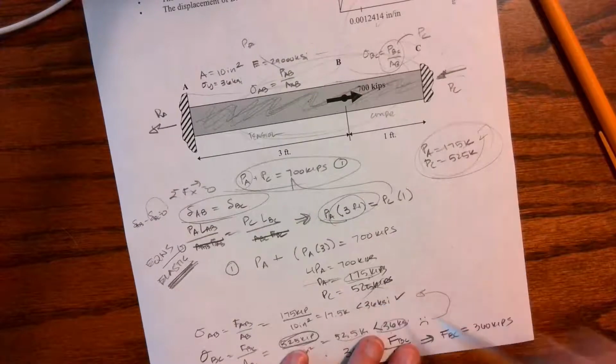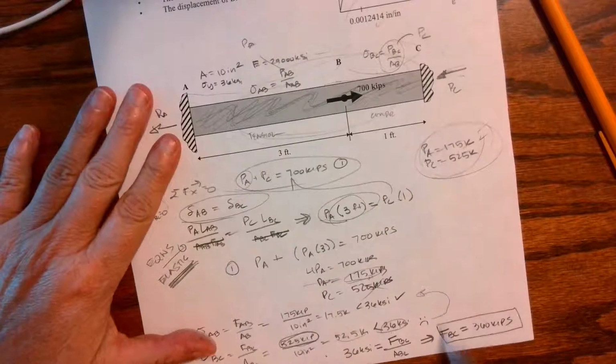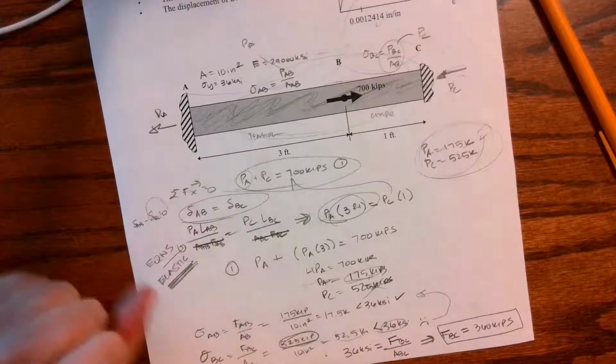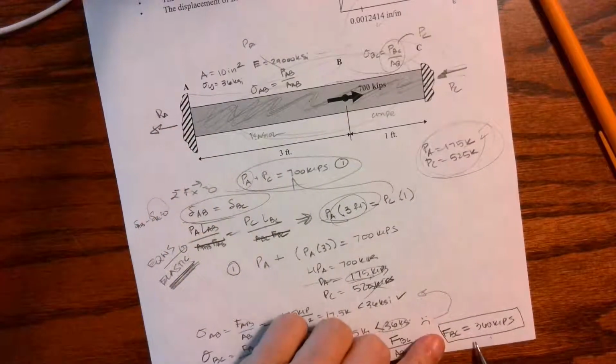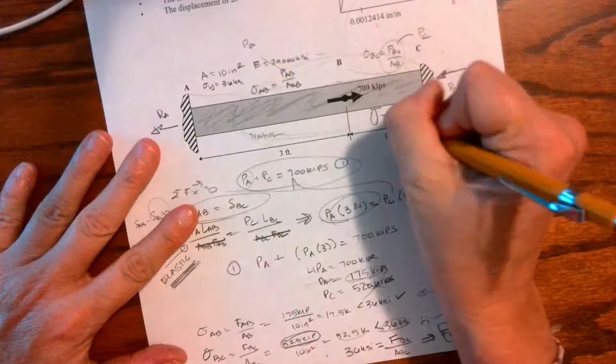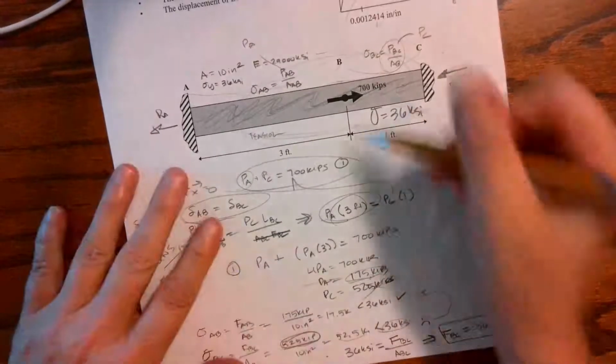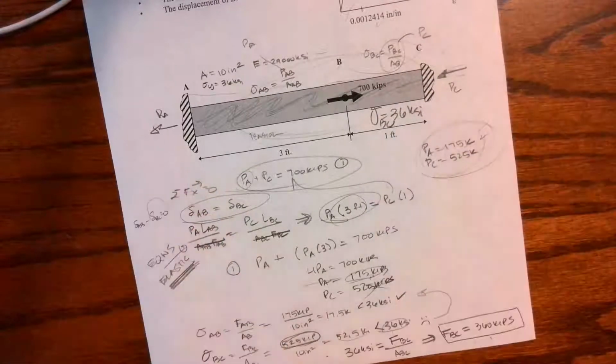So forget 525, I can't carry 525, but I can carry 360 kips. If I'm carrying 360 kips, that means I am at yield stress. So the stress that we have in this member right here is 36 KSI. It is at yielding. This is stress BC.